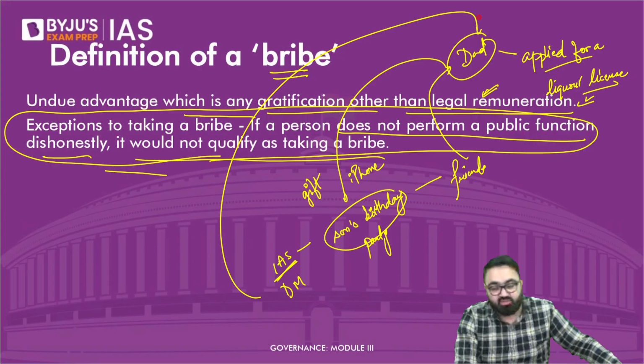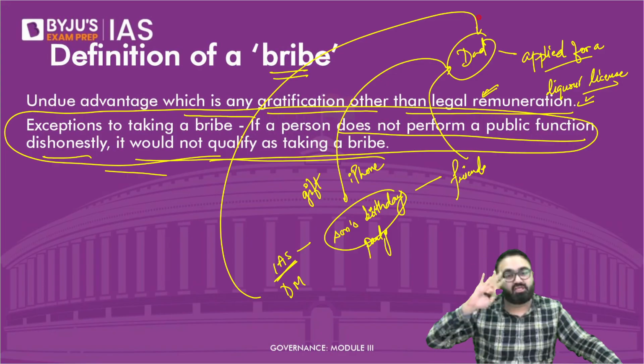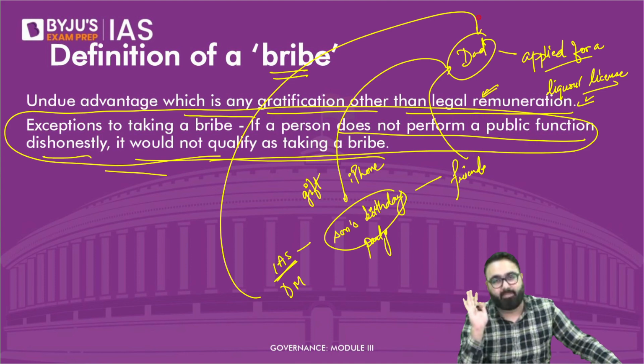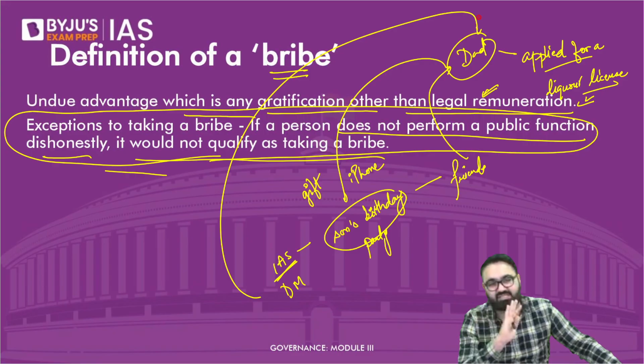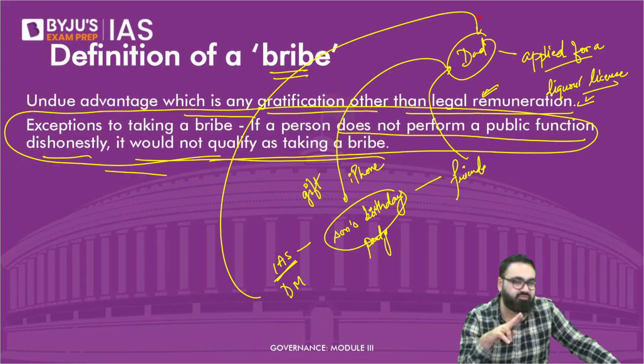But no, this will not be called a bribe. Why? Because the exception is if a person does not perform the duty dishonestly, it will not be called a bribe. If you're performing your duty honestly, that is all that matters. If you have been given a gift, doesn't matter. If you have been given something in return, doesn't matter.